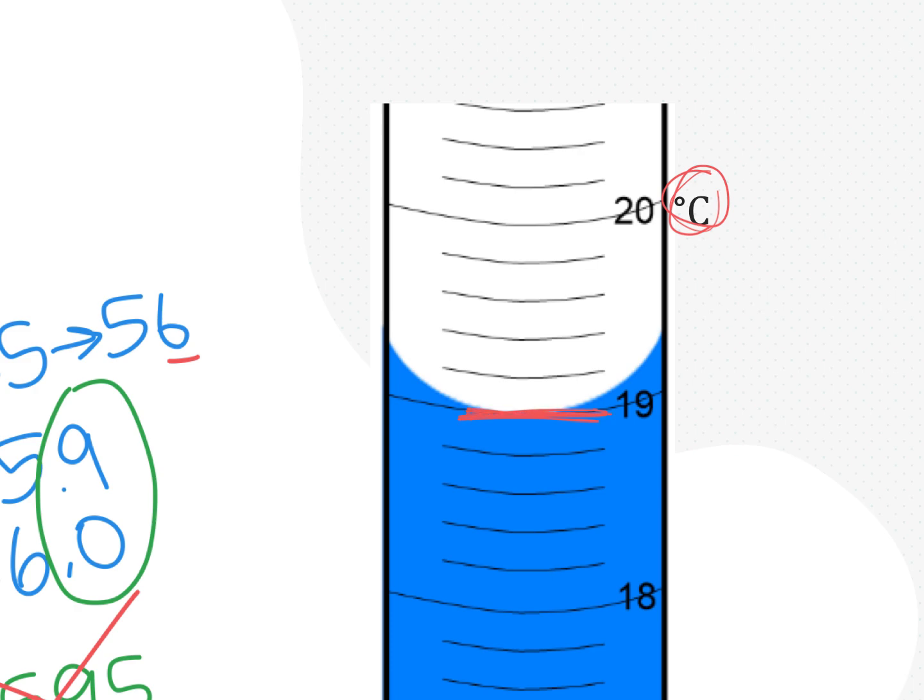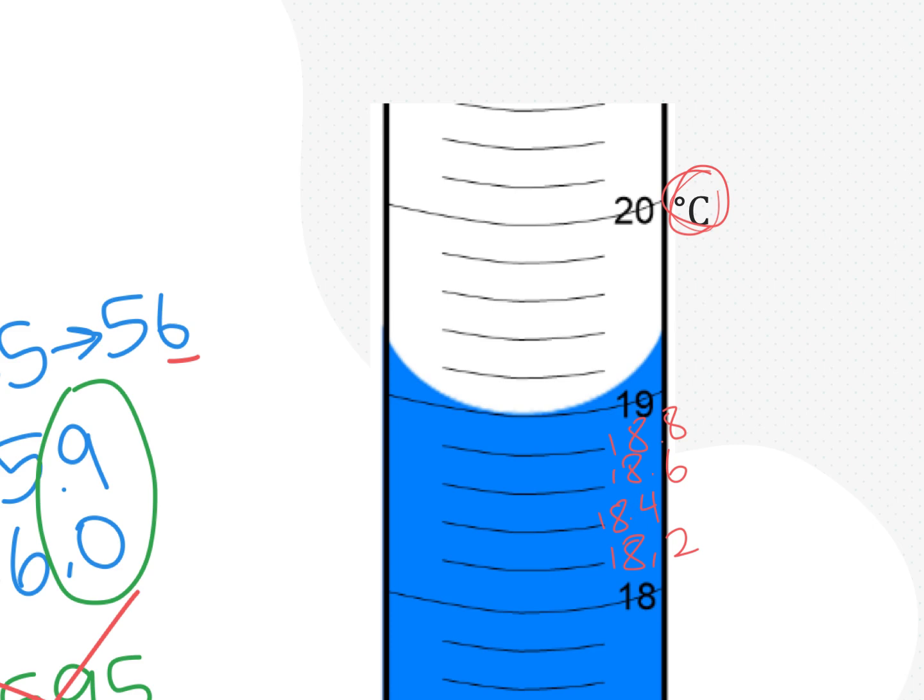Looking at the bottom of this blue line, it looks like it may be right at 19 or maybe just above 19. Then let me see how they're all marked. This is 18.2, and this is 18.4, 18.6, 18.8. And so I've got one place past my decimal.